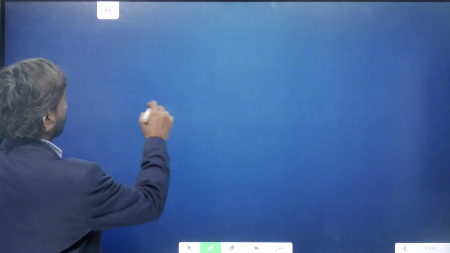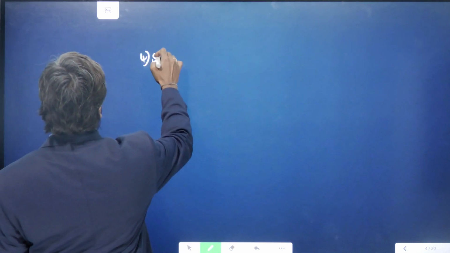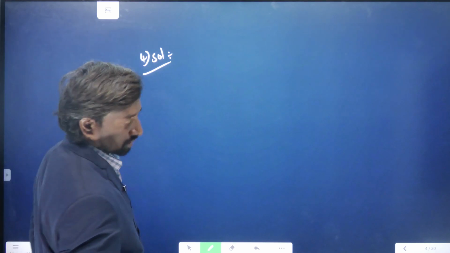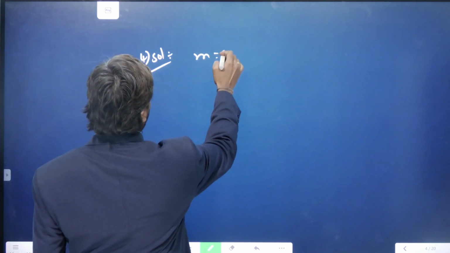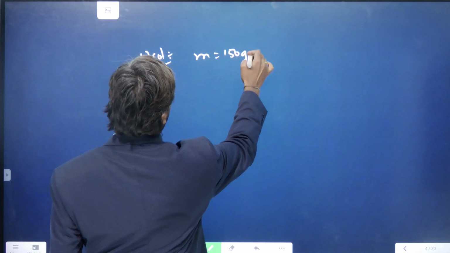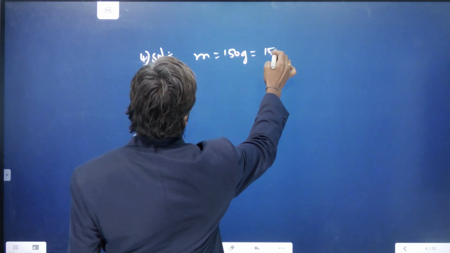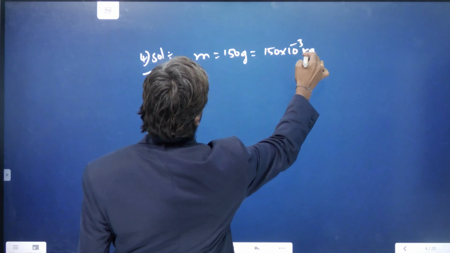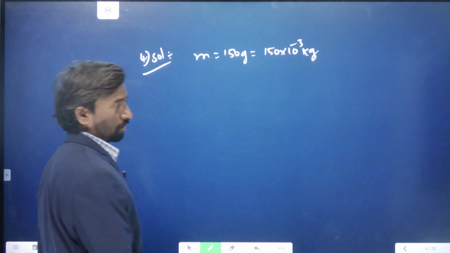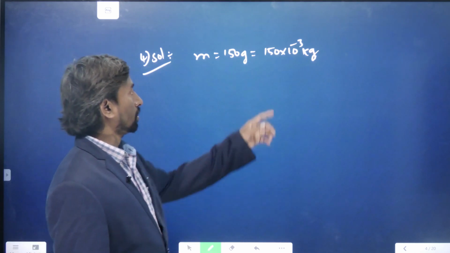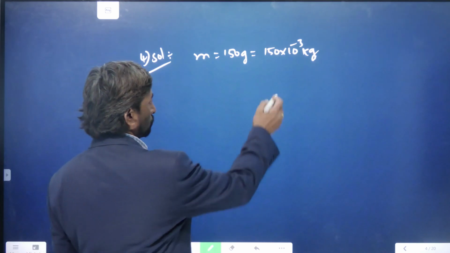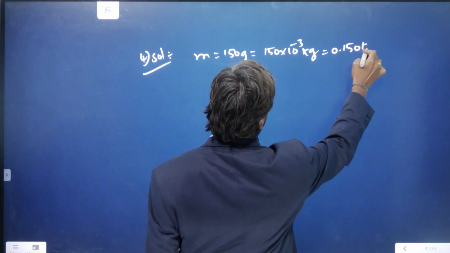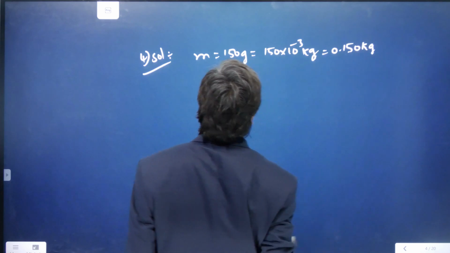So here the ball's mass is given. One gram is equal to 1 by 1000, which is 10 to the power of minus 3 kg.